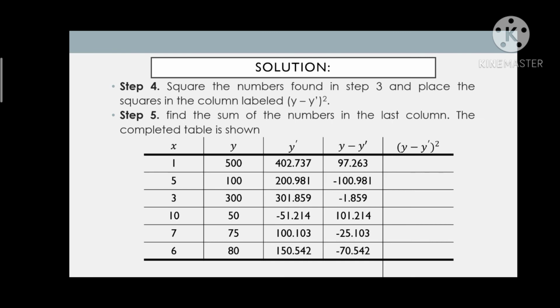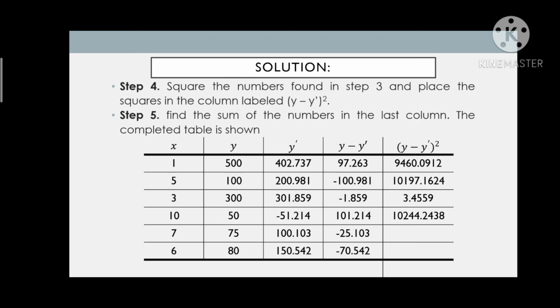Step 4. Square the numbers found in Step 3 and place the squares in the column labeled y minus y prime squared. And Step 5. Find the sum of the numbers in the last column. We have 97.263 squared equals 9,460.0912. Negative 100.981 squared equals 10,197.1624. 1.859 squared equals 3.4559. 101.214 squared equals 10,244.2438.